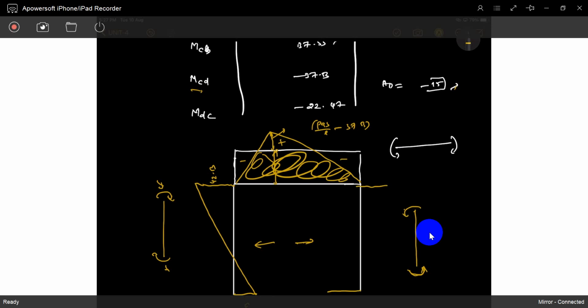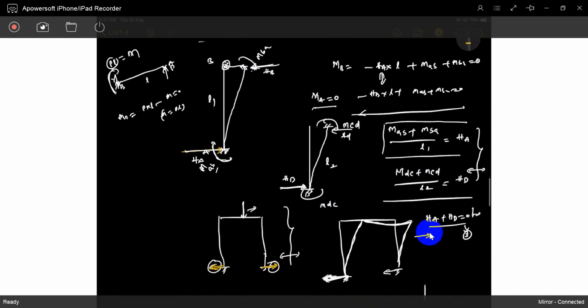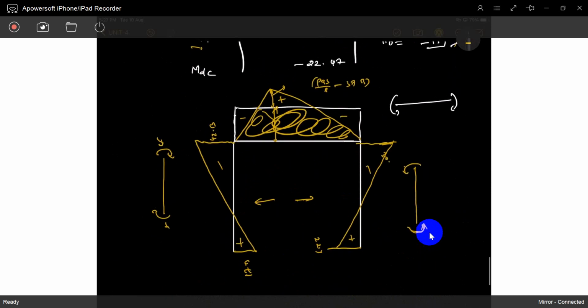So what is that value? This is 22, this is 37. So you can add it. That's it, na? So you can observe it. This is sagging. This is hogging. Negative, negative. This is positive. Are you understood? That's it.